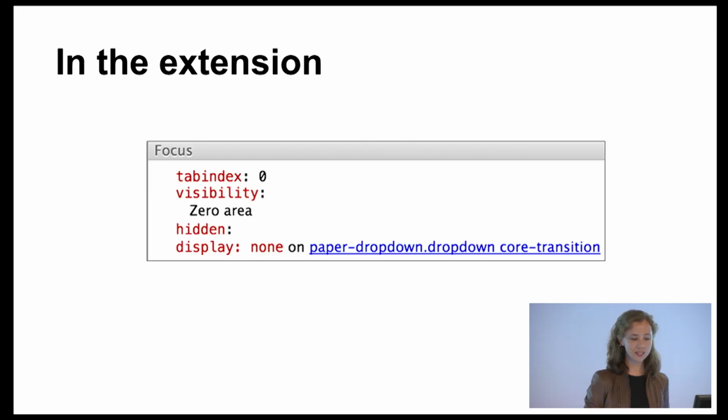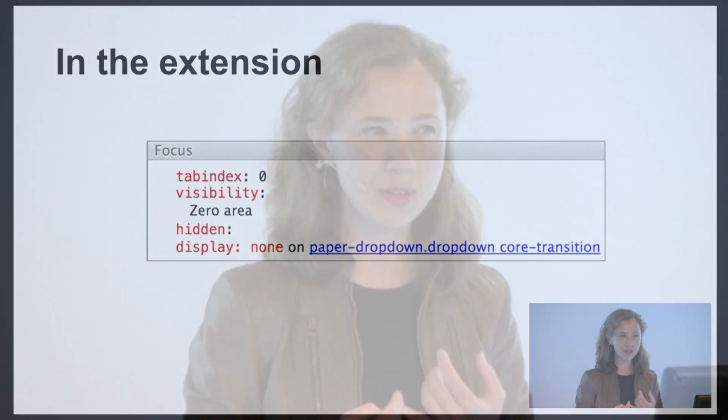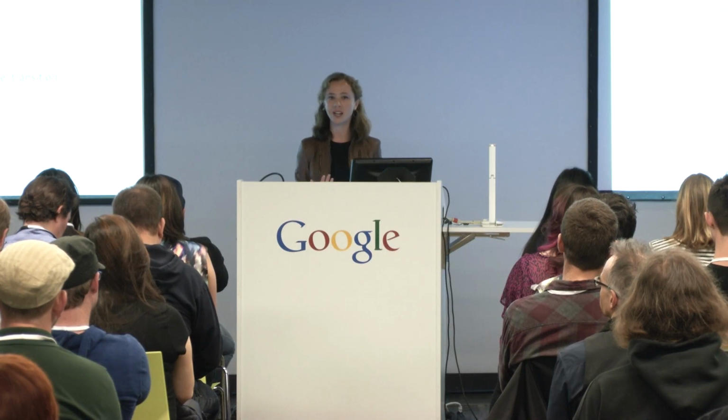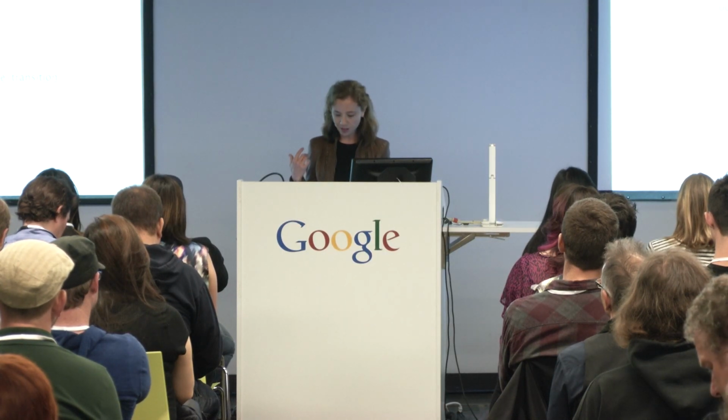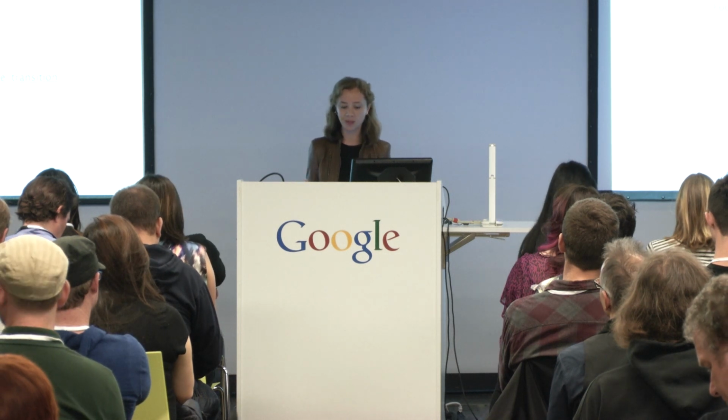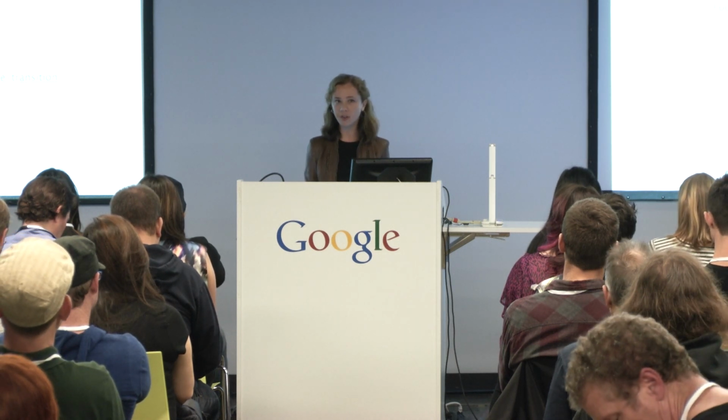All right, focus. To be honest, I haven't really come up with a good solution for how to debug focus issues. I have some ideas, but I would love to hear what people want when we get to the Q&A. I have some ideas about what I want, but it would be great to hear, like, if only the browser did blah.